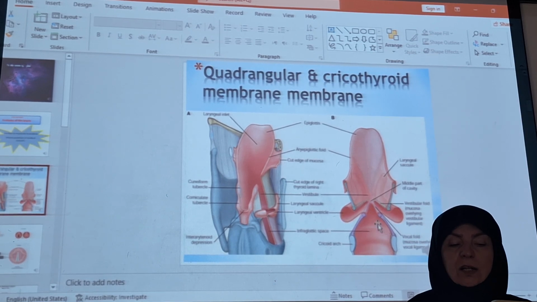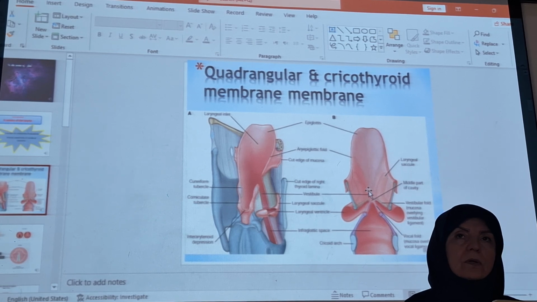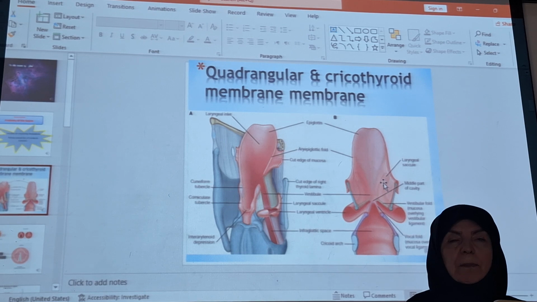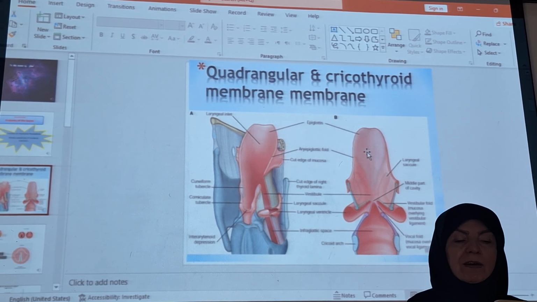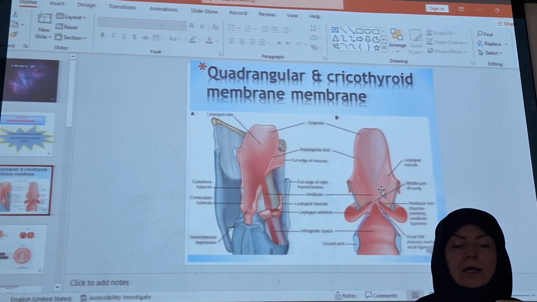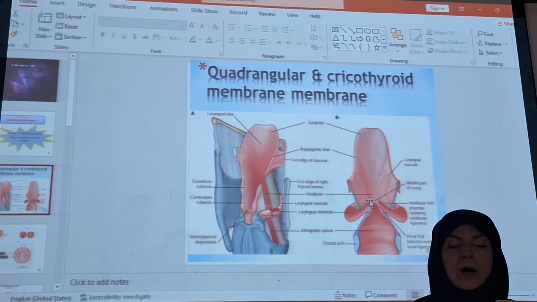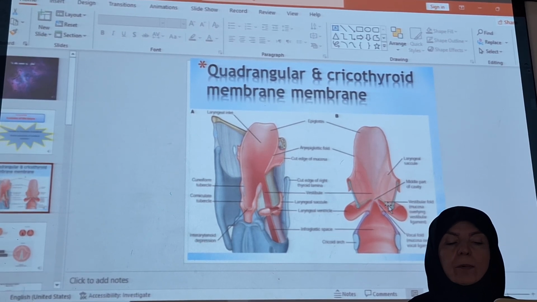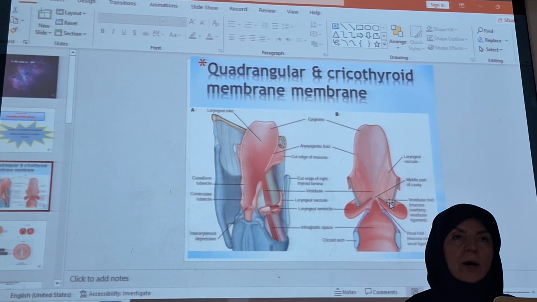Now, inside of the larynx, we have three areas. An area is here that we can call the vestibule. If I ask you where is the vestibule, you should remember superiorly, the vestibule is bounded by the inlet of the larynx, and inferiorly, the vestibule is bounded by the false vocal ligament or vestibular ligament.